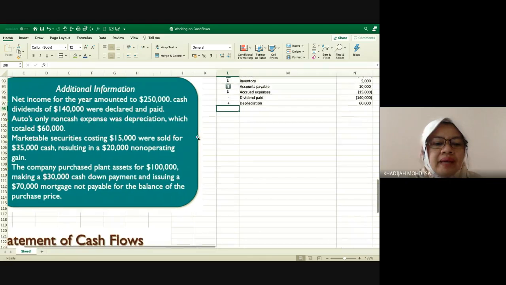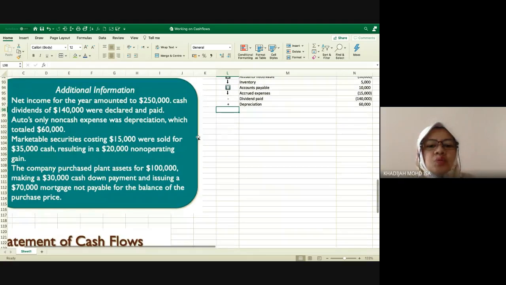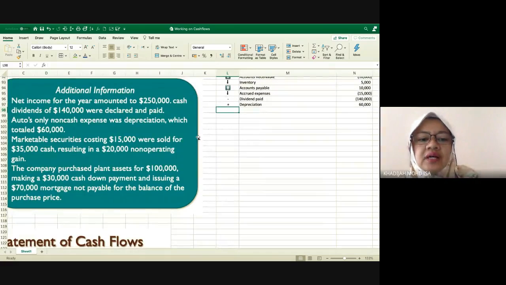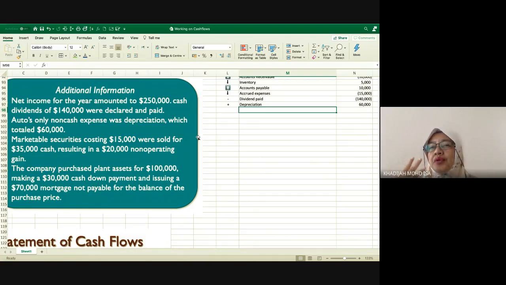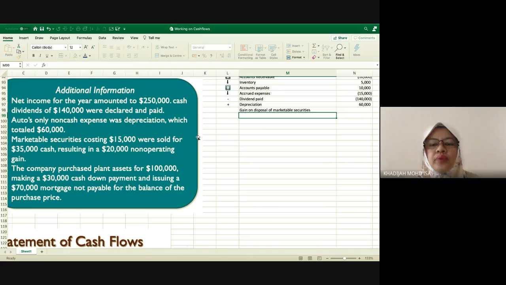All right, and then you have marketable security costing 15,000 was sold for 35,000 cash, resulting in a 20,000 non-operating gain. So here, under operating, remember you have gain or loss. So whenever you have a gain on disposal of securities, you're going to minus.